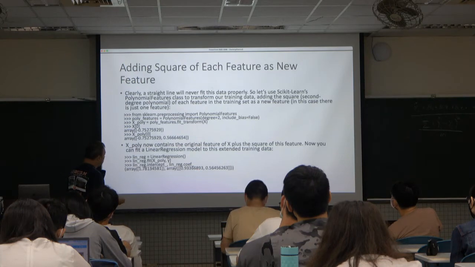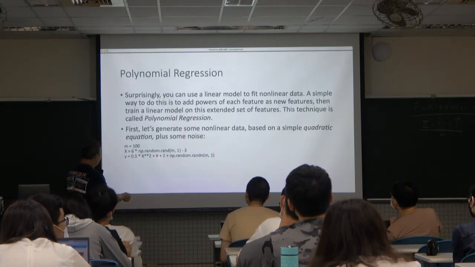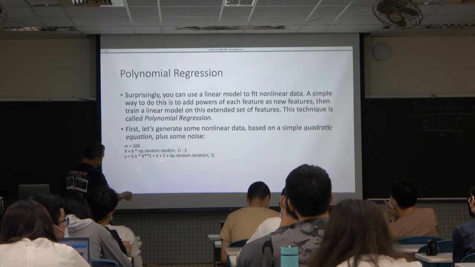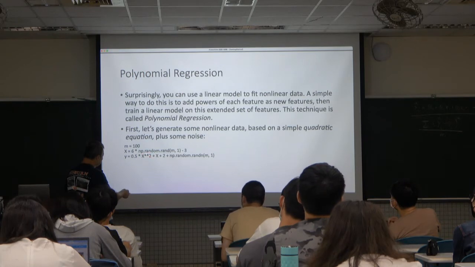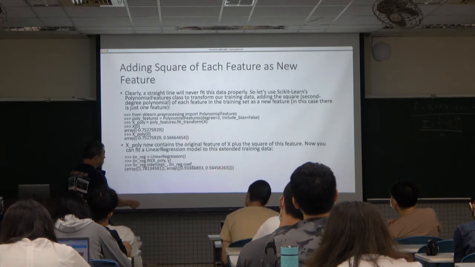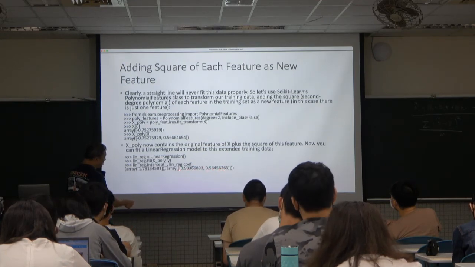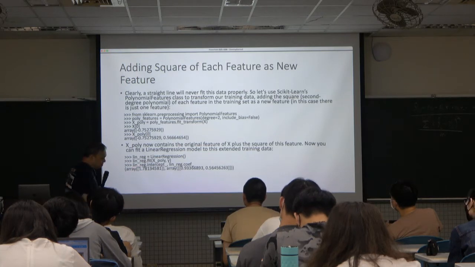We know the bias is supposed to be 2, the coefficient for x is 1, and the coefficient for x squared is 0.5. You can see that the coefficient for x squared is close to 0.5, the coefficient for x is close to 1, and the bias is supposed to be 2, but now it's 1.78. So this is close to the equation that we used to generate the data.